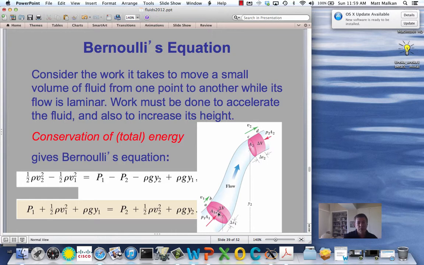We're going to ignore density changing, it looks like, in this particular formula, but that really should be a rho 1 also. And it has a certain velocity v1, and it's at a certain height y1. So there's the pressure, the kinetic energy, and the gravitational potential energy. The change in pressure here is equal to the change in kinetic energy plus gravitational potential energy.